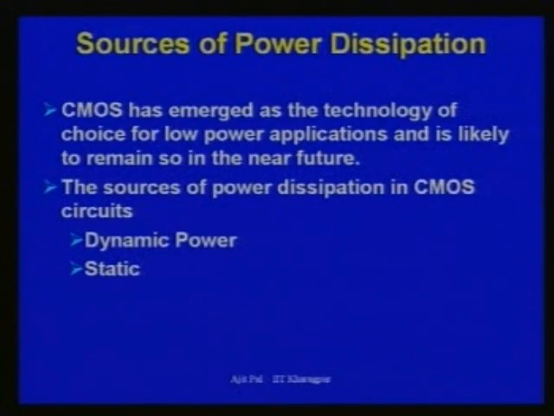We have already seen that whenever some circuits are not in use, they can be switched to standby mode. Unfortunately, even when the circuit is in standby mode, it consumes power, although it is much smaller than the active power. So we shall look at the sources of power dissipation, both of dynamic power and static power.